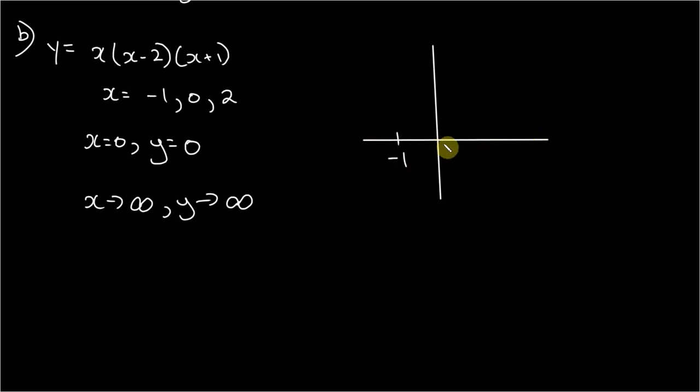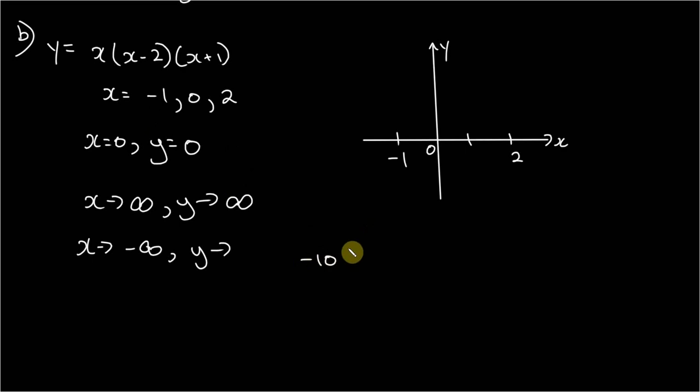That's the origin at 0, 1, that's 2. That's the x-axis, that's the y-axis. So when x gets increasingly large, y is also going to get increasingly large. We just found that. When x gets increasingly negative, y is going to get, well, let's find out.